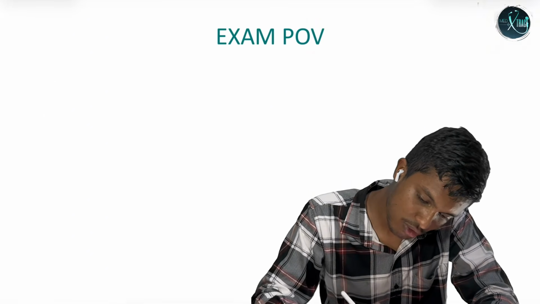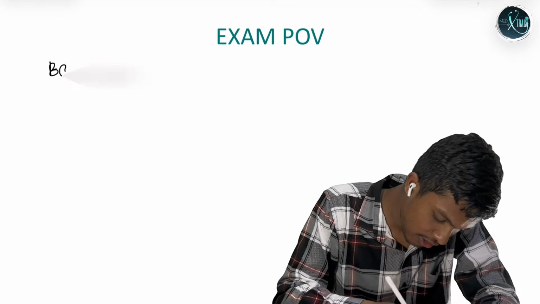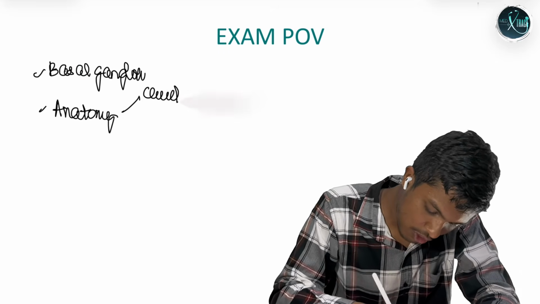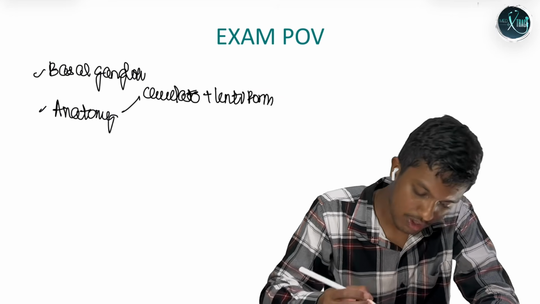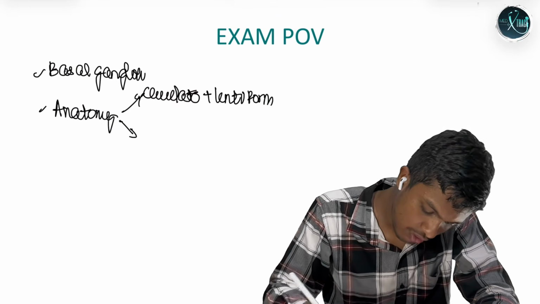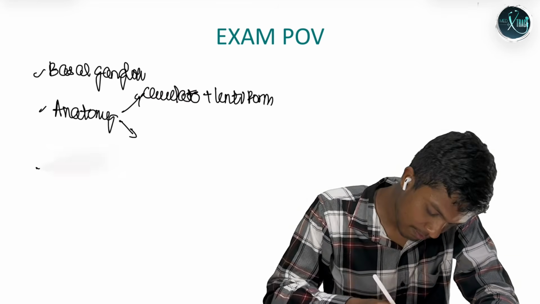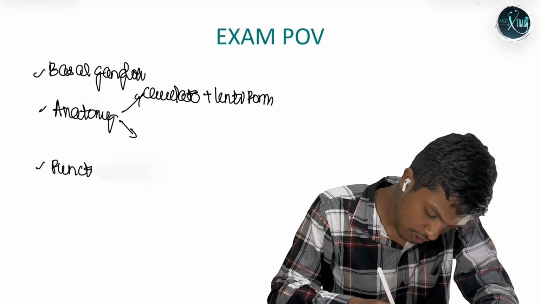So to revise basal ganglia: the definition of it, and the anatomy as we discussed, the parts, that is the caudate nucleus plus the lentiform nucleus forming the corpus striatum and its associated nuclei like the red nucleus, substantia nigra, subthalamic nuclei, etc. Then coming to its functions and connections.